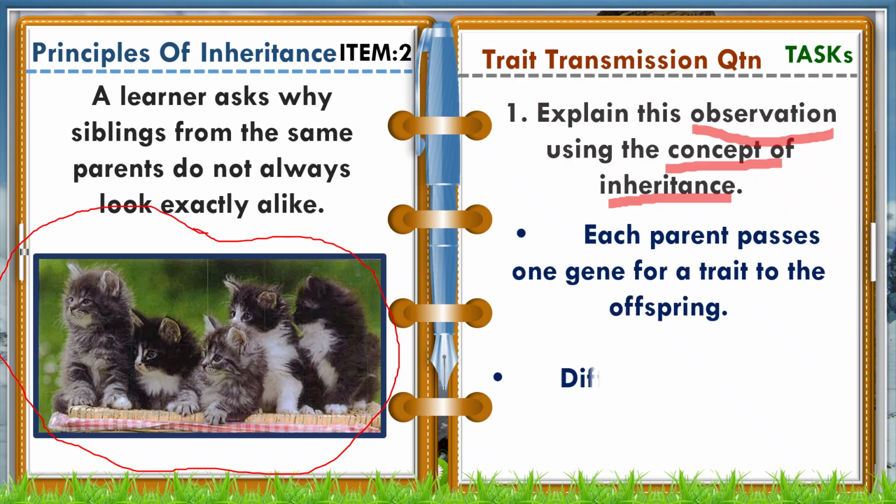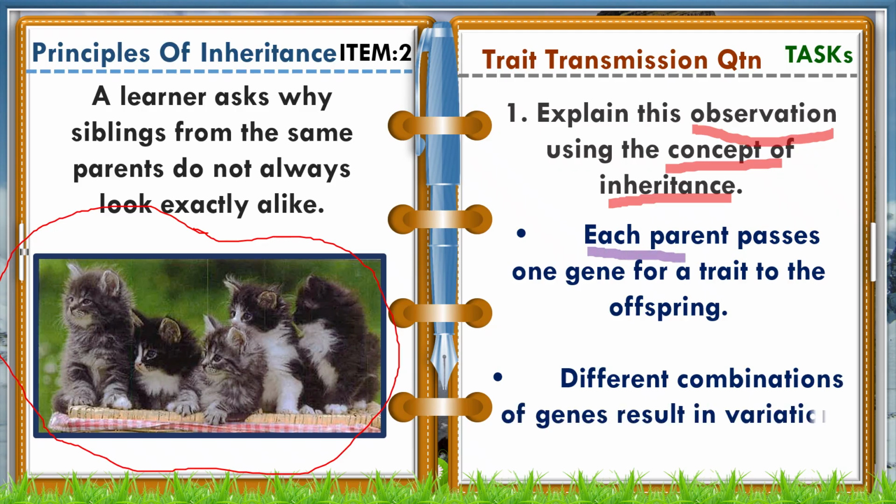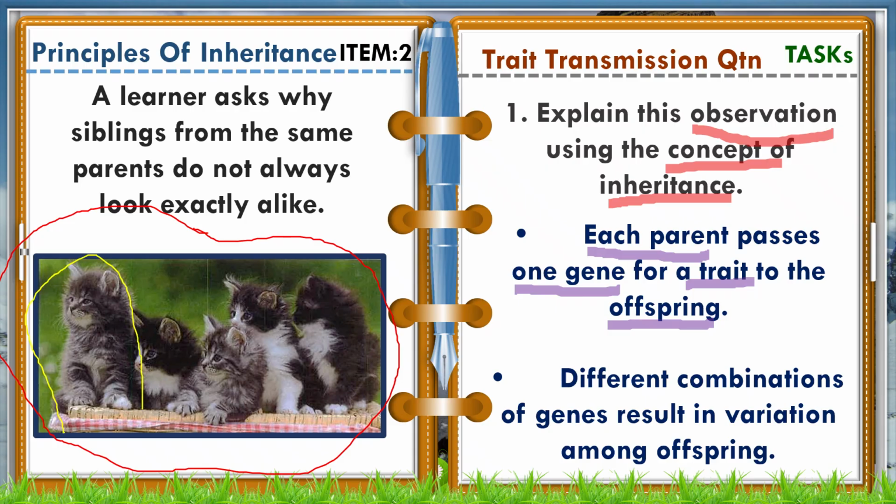So here we can say that each parent passes one gene of a trait to the offspring. Each parent passed one gene.